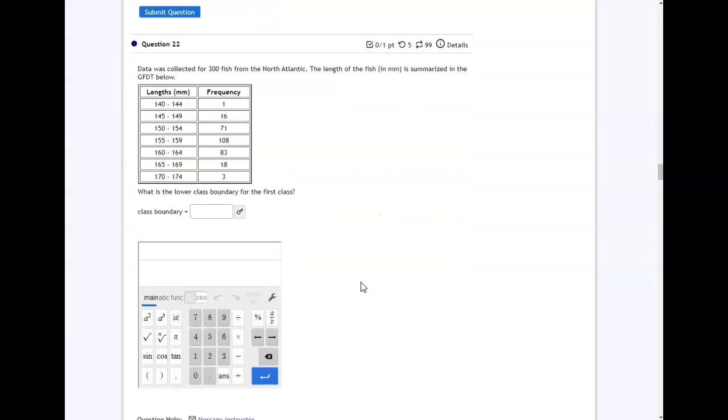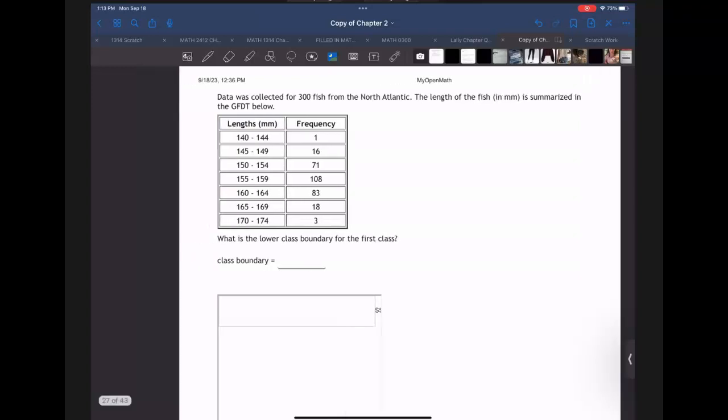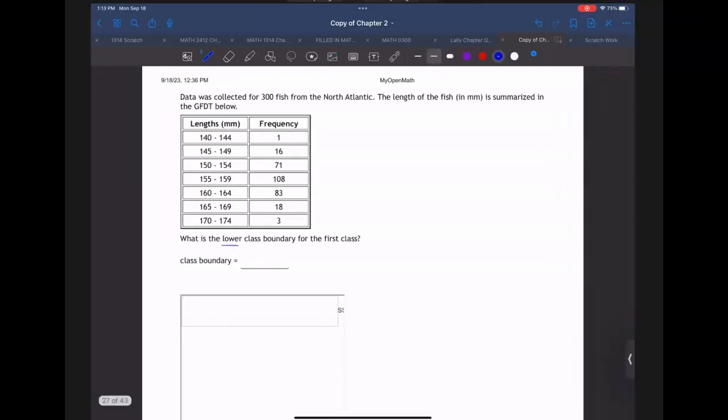Number 22, we've got another frequency distribution. This one is dealing with the length of fish. And it wants to know what the lower class boundary for the first class is. Well, if I want the lower class boundary, these are all the low sides.